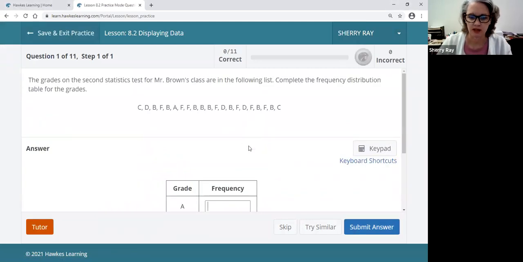So on this one, what we're going to do is just keep a tally, the number of A's and B's and C's and D's and F's. What I mean by a tally is, like, we have a C, so I can count the number of C's.